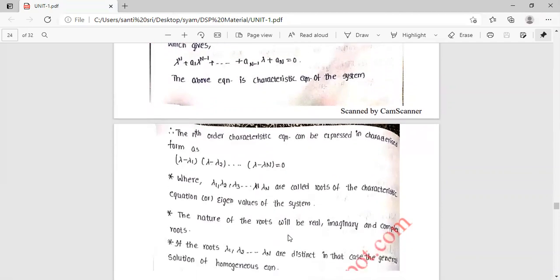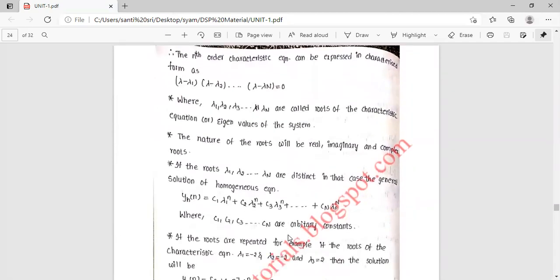To find the roots of this characteristic equation, lambda 1, lambda 2, lambda 3 up to lambda N are the roots. So y h of n equals c1 into lambda 1 power n plus c2 into lambda 2 power n plus c3 into lambda 3 power n up to c N into lambda N power n, where c1, c2, c3 and c N are arbitrary constants.